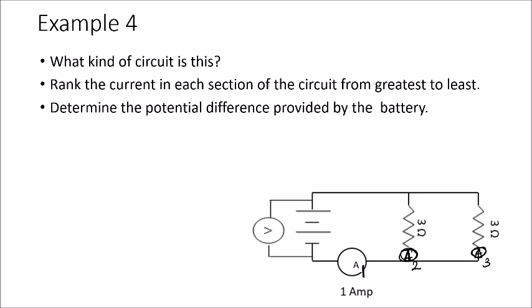So again, this is a parallel circuit. Rank the current in each section of the circuit from greatest to least. And again, our 2 questions for ourselves are, where is the total current? And what kind of path do electrons take?